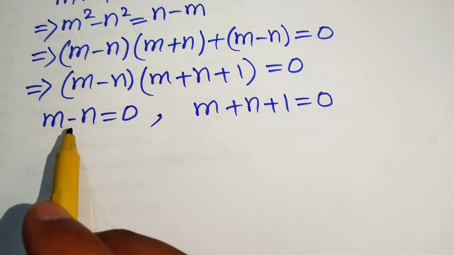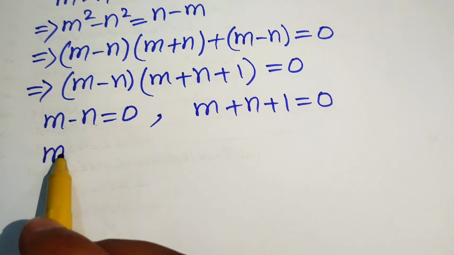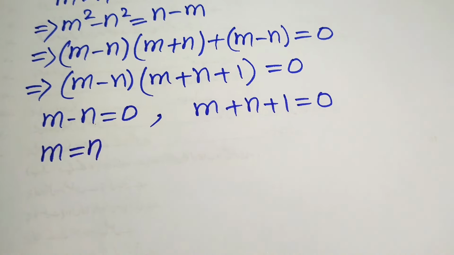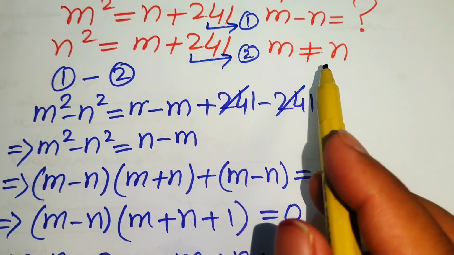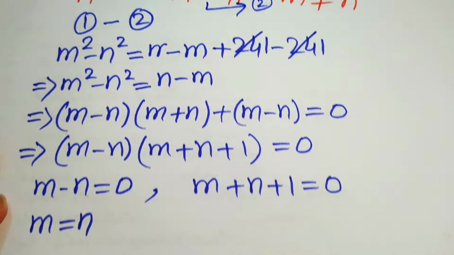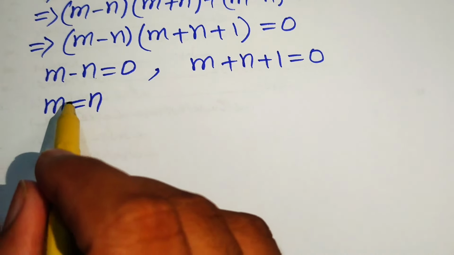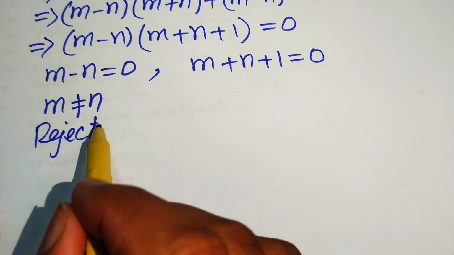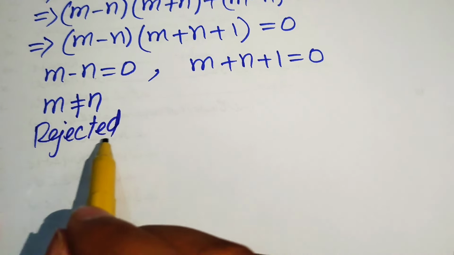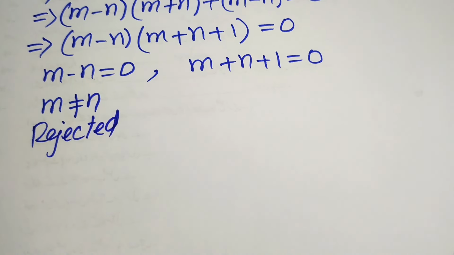In the first case we get m equals n, but our given condition is that we can't choose m equals n because m is not equal to n. So we reject this case because it does not fulfill the given conditions in the question.